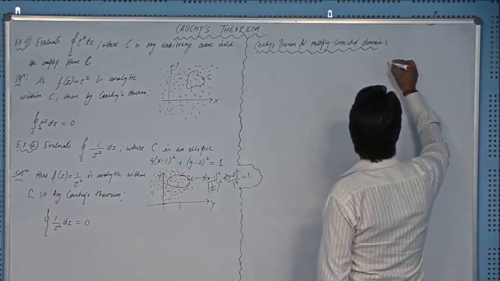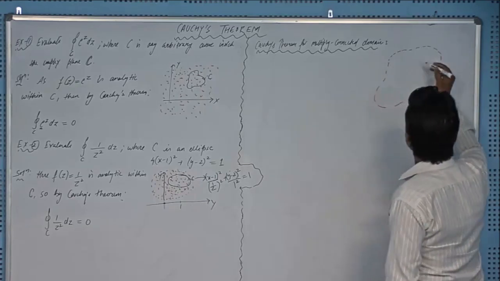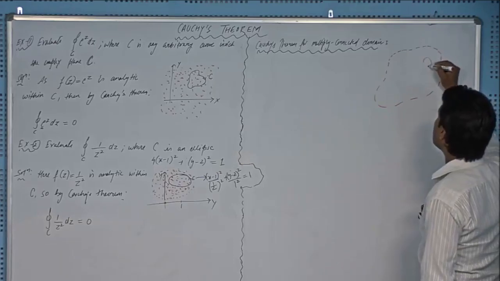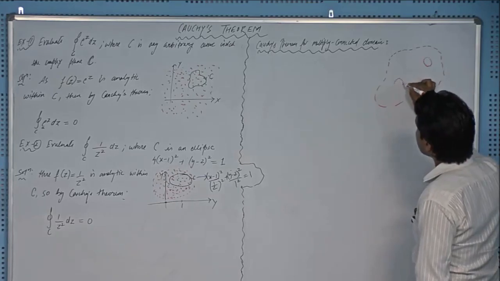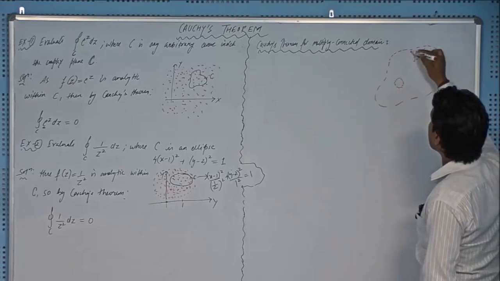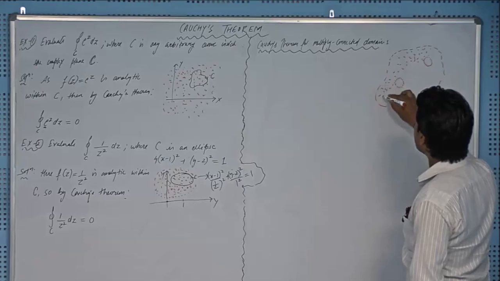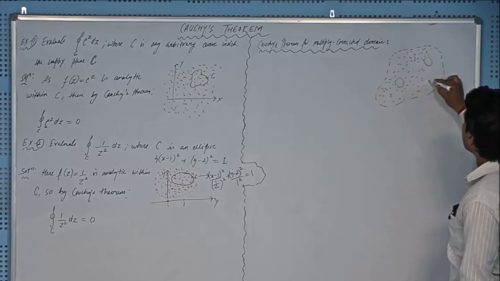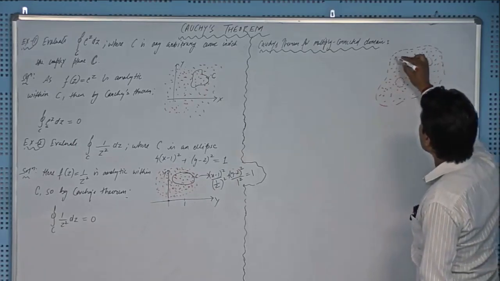So this is a multiply connected domain. You can see that this domain has holes inside it because we are saying that it is multiply connected. This is the first hole, second hole, right.